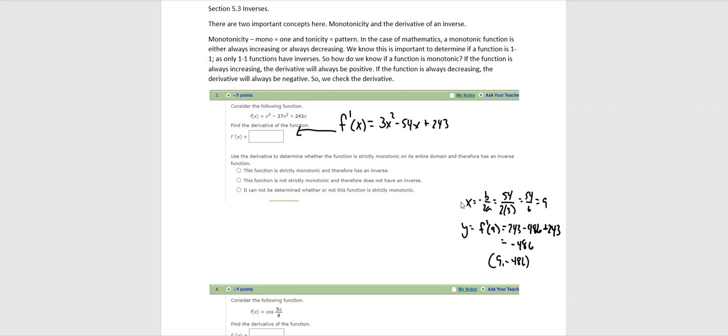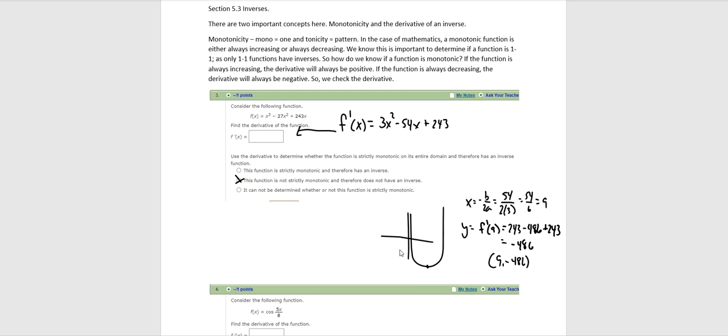For this parabola, right? For the derivative. So my graph is going to look something like this. Way down here. We know it opens up. So we know part of the time the derivative is positive, part of the time the derivative is negative, and therefore it's not strictly monotonic.